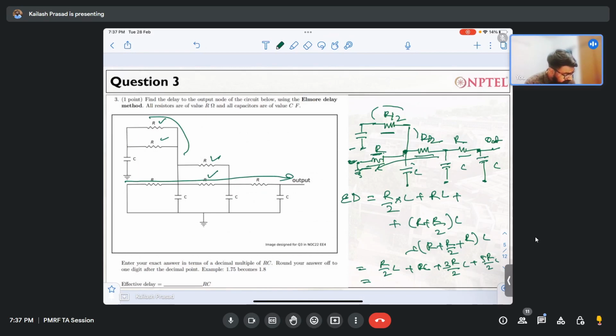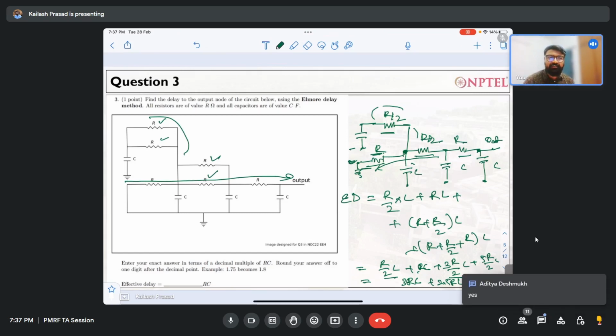Yeah, everything is correct. So R by 2 plus 3R by 2, this will be 4R by 2, that will be 2R plus R, 3R, 3RC from here, and here 2.5 RC. So this is 5.5 RC. Please confirm if I am correct or not in this regard.